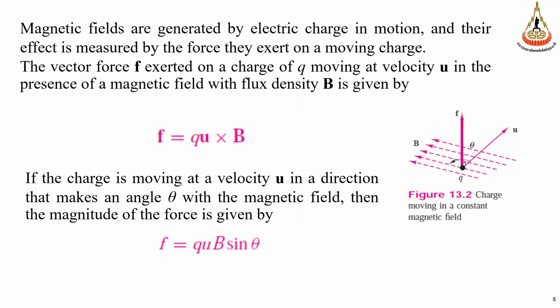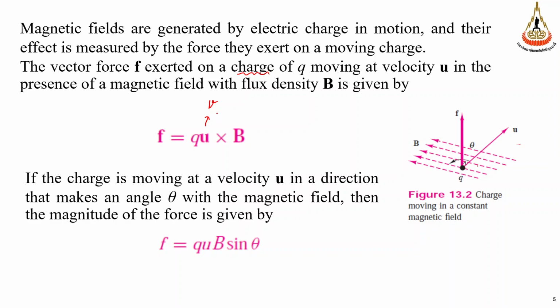And the force that acts on the charge, right? A charge Q moving with velocity, the force is QV cross B, right? When we move the charge in this direction, U is the velocity. Sometimes we use V as velocity, right?